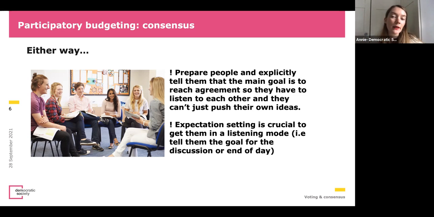But if you tell them that the aim of this session is to listen to each other, and ultimately we want to all reach an agreement at the end of the day, expectation setting is really crucial to get them in this listening mode. So tell them the goal for the day. We want to reach an agreement. We want to get to this point. And then they've got that in the back of their heads when they are getting into discussions with each other.